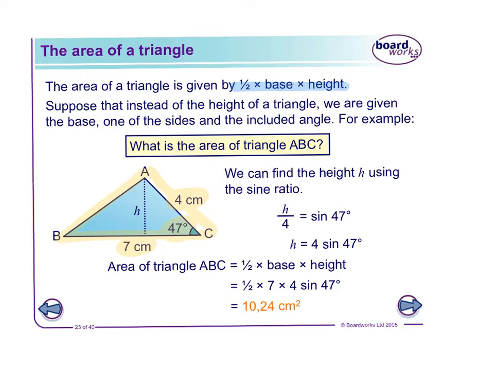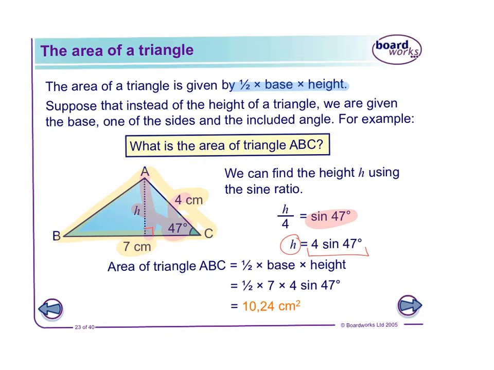If we were to drop a perpendicular, so this is leading into the proof of the area rule, we would have right angle triangles, but we'd also have all our regular trig that we can work with. So if we take sine 47, it's going to be our h over our 4, opposite over hypotenuse, h being the height, 4 being the side across from the right angle. So because we've put h in, let's keep it banked to one side.